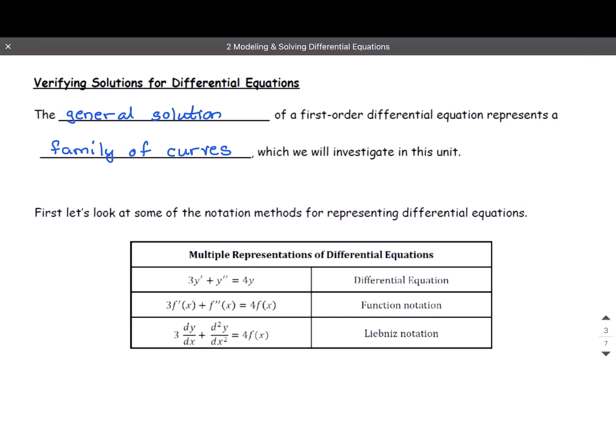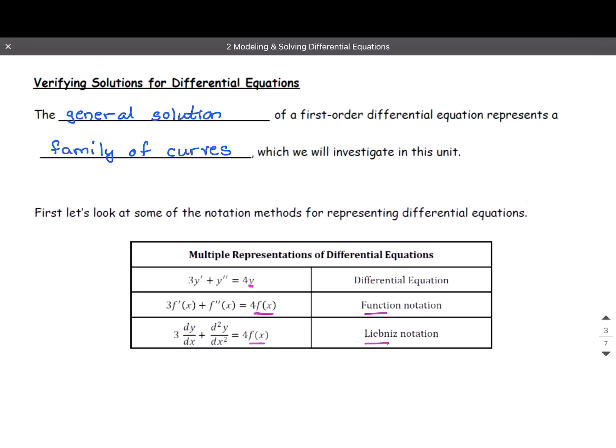Now let's look at some different ways we can represent these. It's important to remember that when we're looking at a differential equation, y is the same thing as f of x. It all depends on whether you're using function notation, Leibniz notation, or y's in the differential equation, okay?